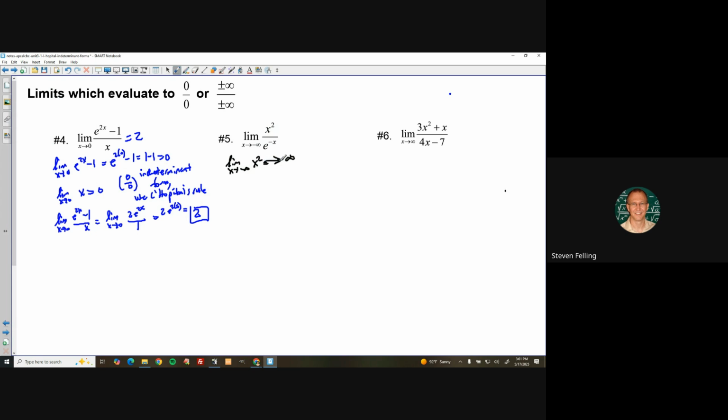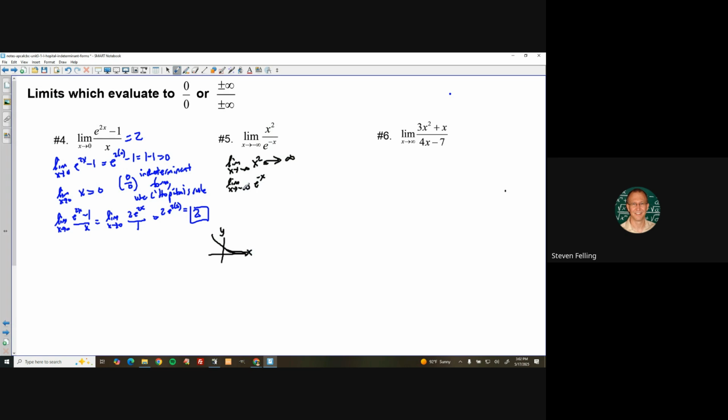And some teachers like the arrows, some teachers will say equals. The arrow's a little safer. Limit in the denominator, limit as x approaches negative infinity of e to the negative x, that's the same as plugging a negative in. So just thinking about this for a second, if you think about an e to the x curve, e to the negative x is an exponential decay curve like this.